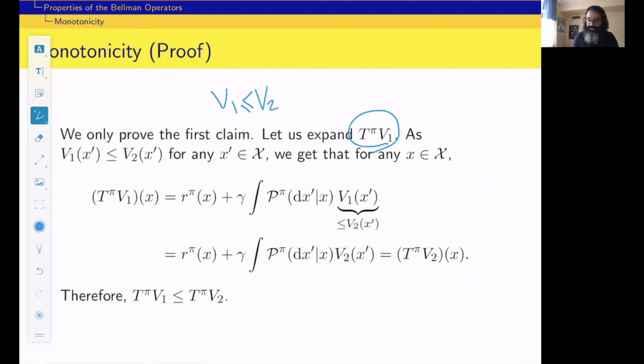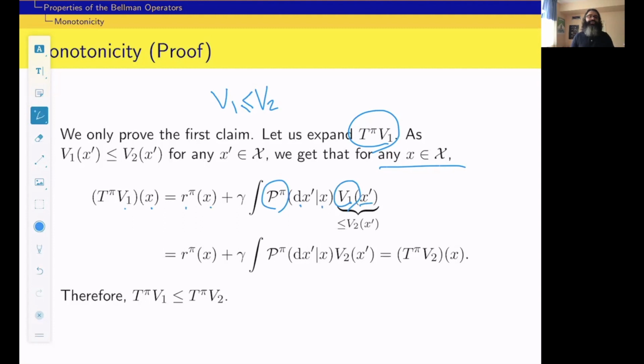For any state x, we have T pi of V1 at state x is R pi of x plus gamma times the integral of P pi of dx prime conditional on x times V1 at x prime.